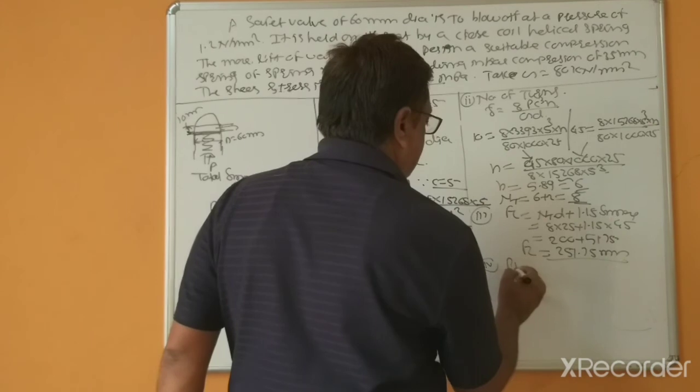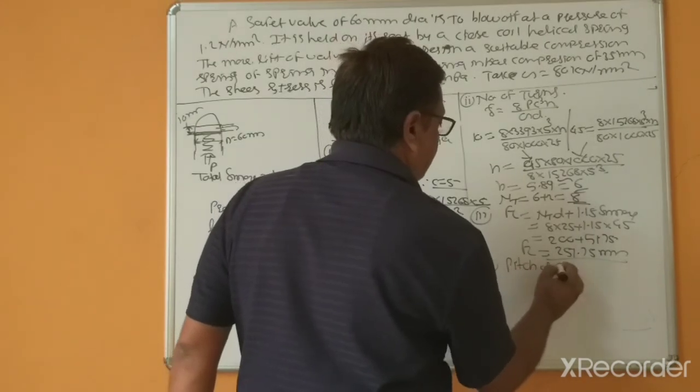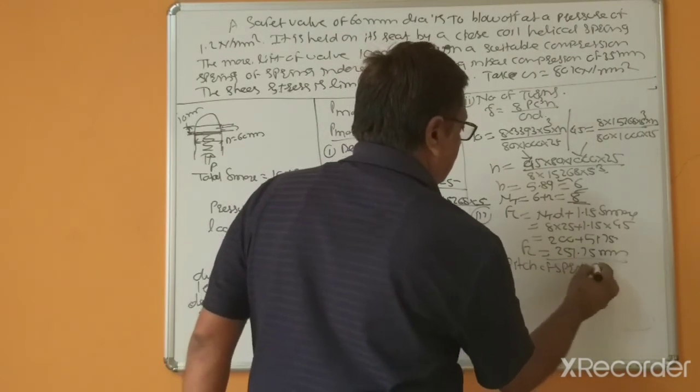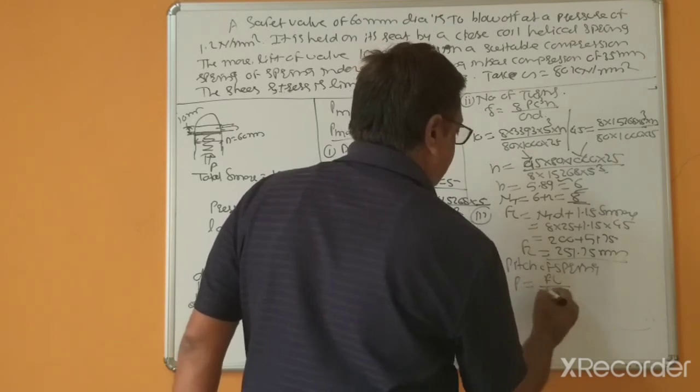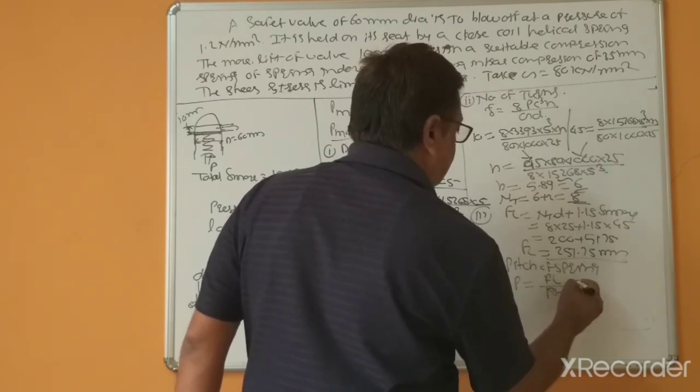Last part, the pitch of the spring equals free length divided by nt minus 1.